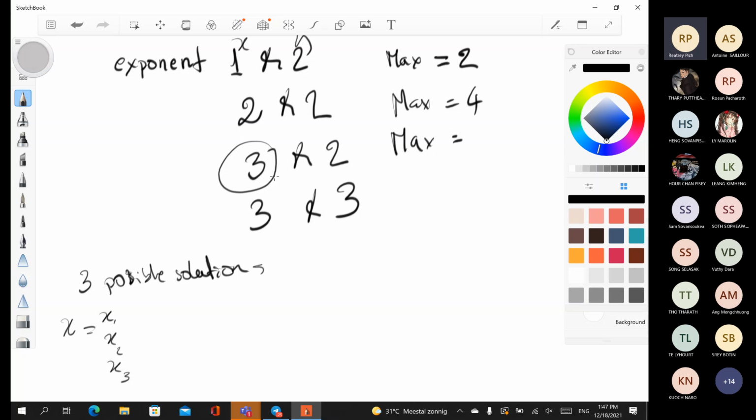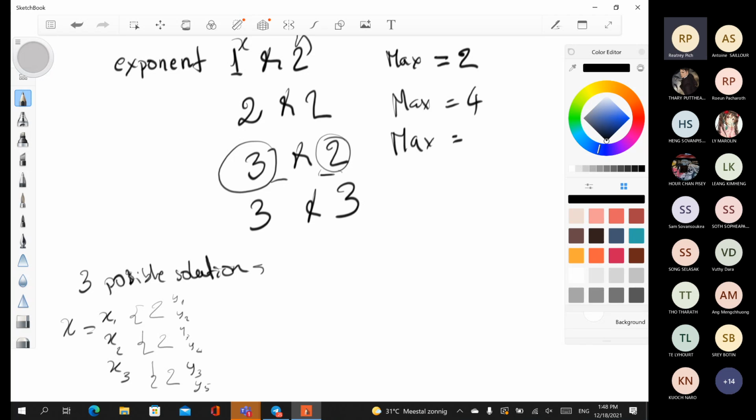In this case, you have 3 and 2. So you have to replace the equation with the 2 exponent value. When they have only 2, the possible maximum is 2. So totally you have y1, y2, y3, y4, y5, y6.